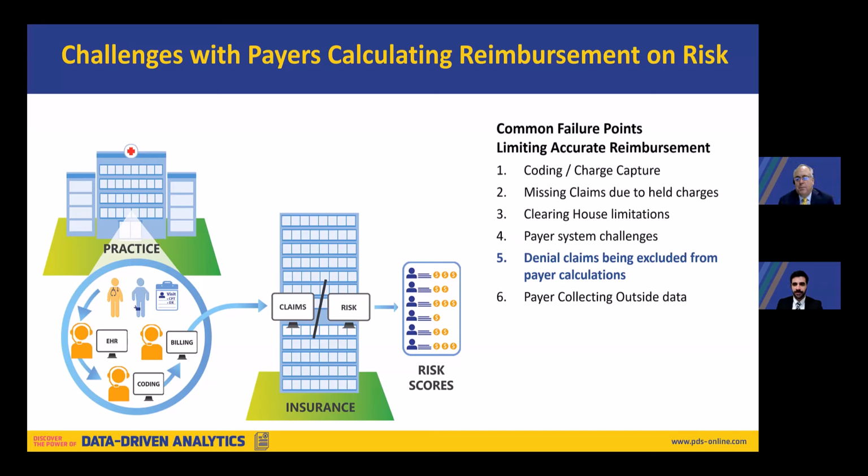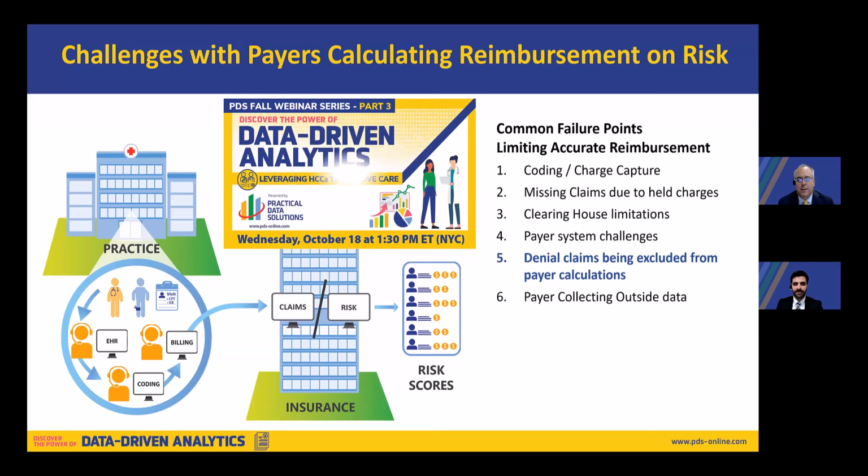There are common failure points where the payers are limiting their reimbursement, and that's all due to how they're calculating risk scores. In our analysis, in the top 6 common reasons why the risk scores from payers may be missing data, or underrepresentative, or underpaying, denied claims often are excluded from the payer's calculations. So this is another key topic area we could get into.